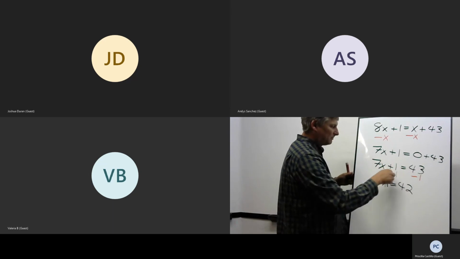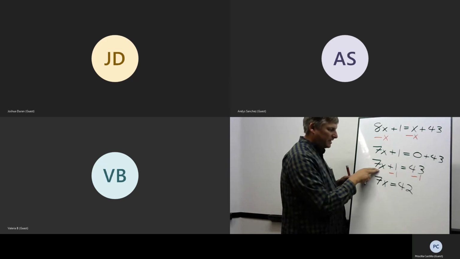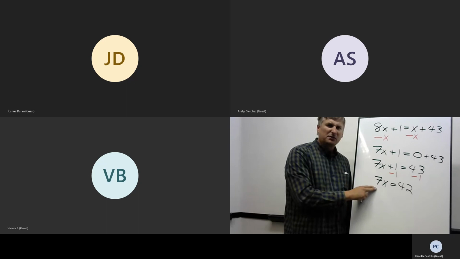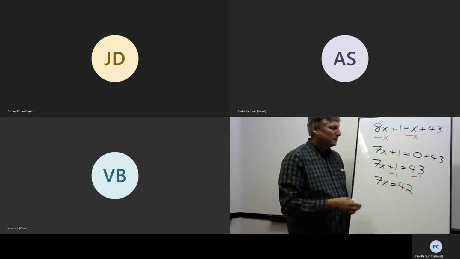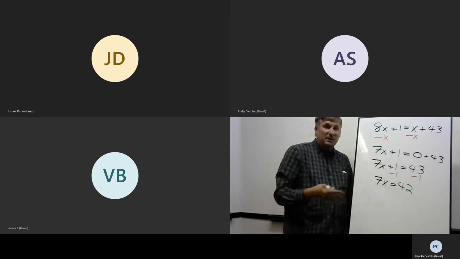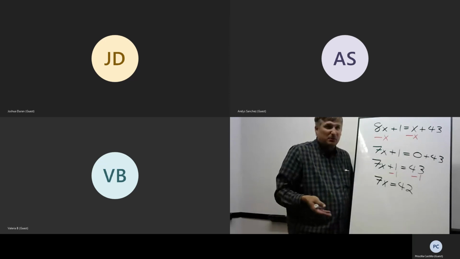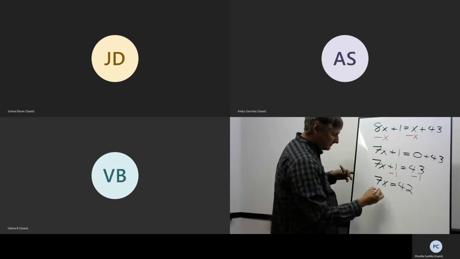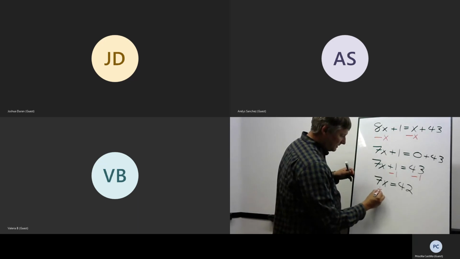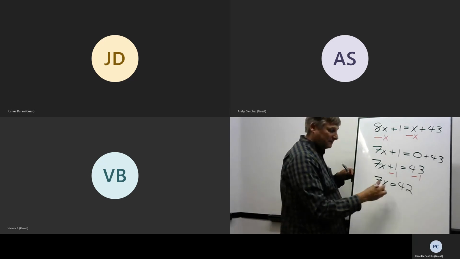Again, this would be 0. 0 plus 7x, still 7x, doesn't change anything. So I'm not going to bother writing the 0. I'm going to skip this step just to make things a little faster, maybe a little smoother. Now I've got to do the opposite. Opposite of multiplication is division.